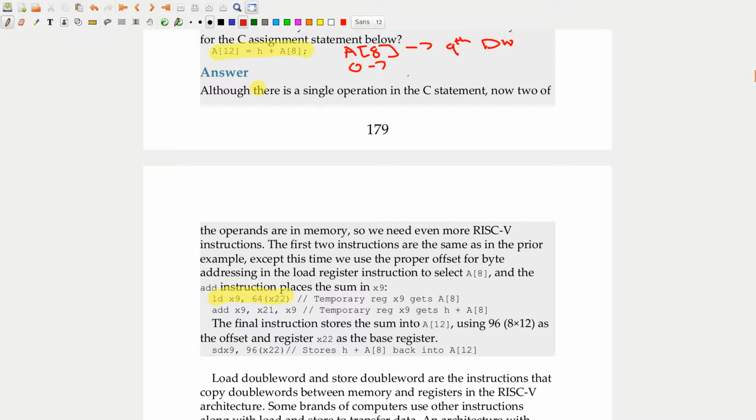In order to get there, you need to go past the first 8 double words. 8 double words are each 8 bytes per double word. So this is going to be 64 bytes, right? And that's why we have this offset down here of 64.